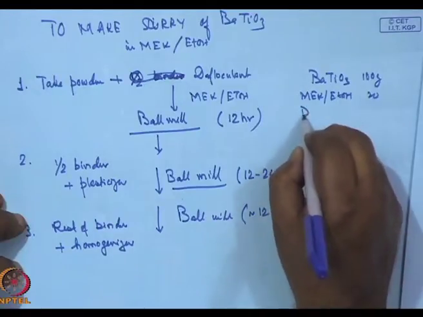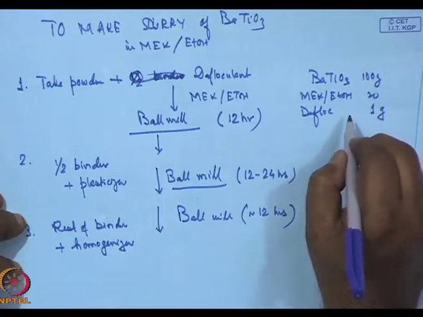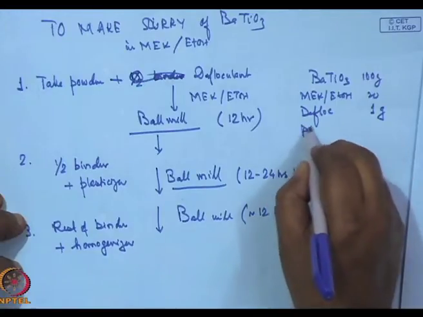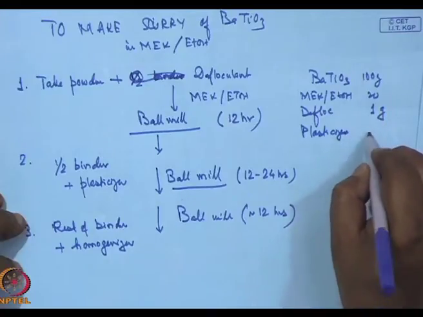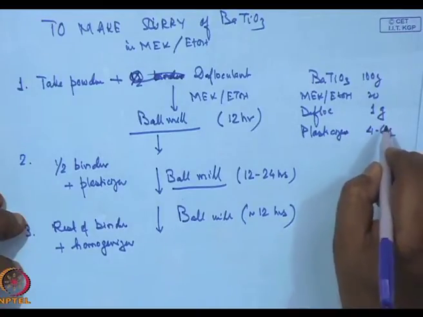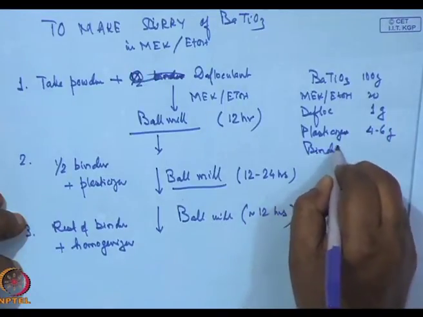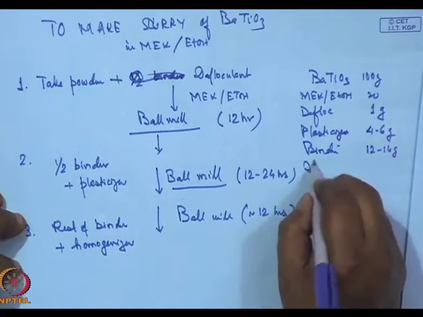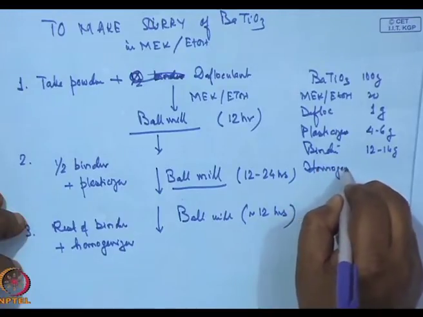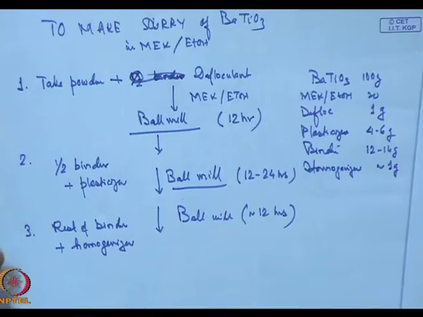The deflocculant would be about 1 gram. The plasticizers would be about 4 to 6 grams. The binder would be about 12 to 14 grams, and the homogenizer would be 1 gram at most.